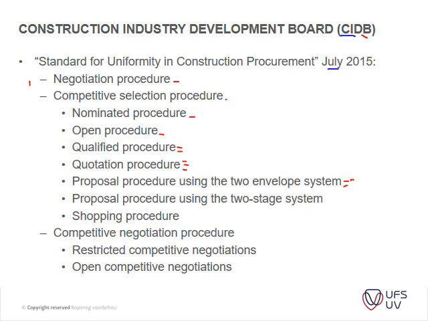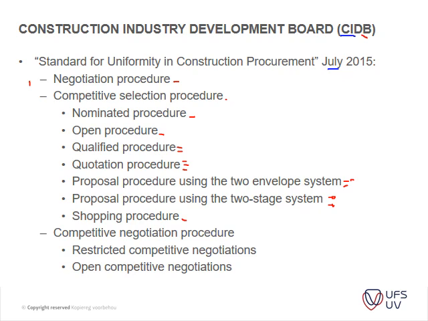And then you've got your proposal procedure using the two-stage system, very similar to the above one. The contractors just do their first proposal, and if they go through to the second round, then they can submit their costing for that proposal that they did. Then you've got a shopping procedure. Your shopping procedure is similar to your negotiations, where you look for the best fit contractor, and you might shortlist them to 3.